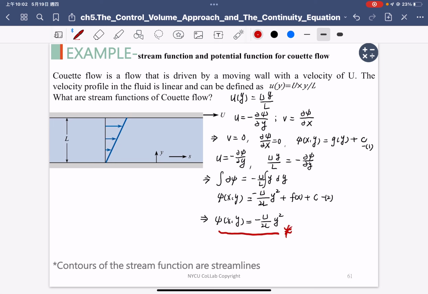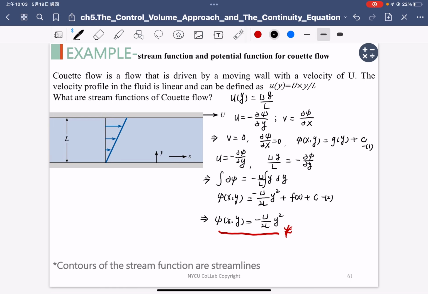And as you remember, in chapter 4, I also taught you how we can determine the streamline function.